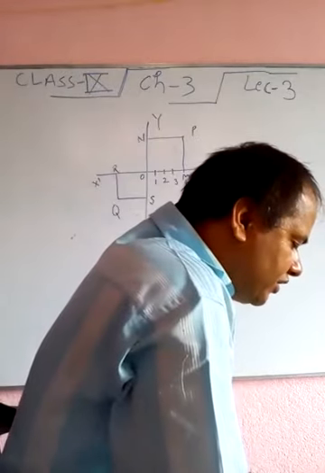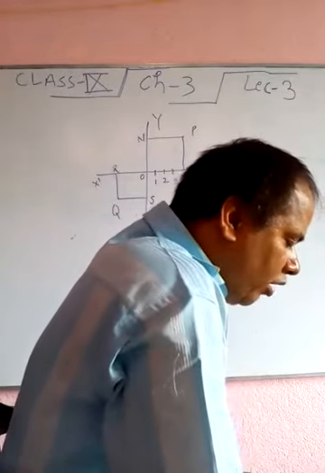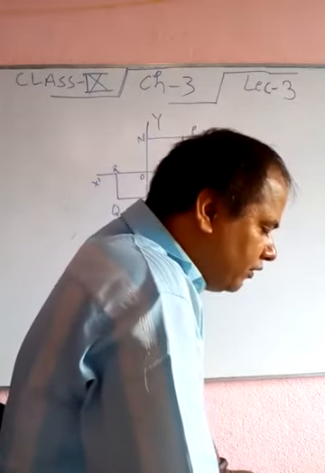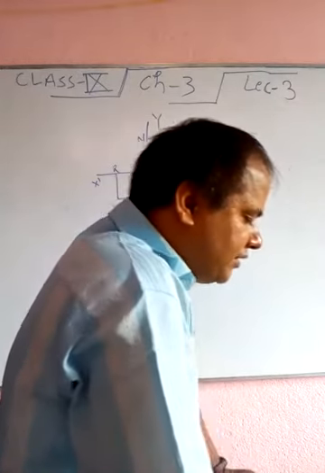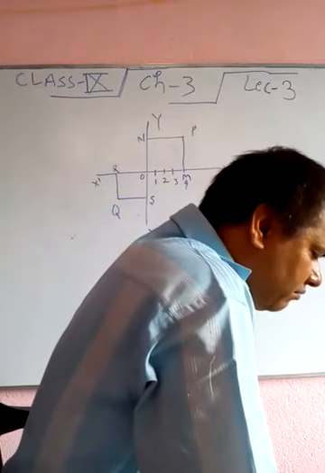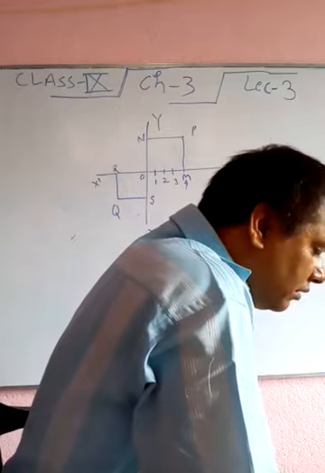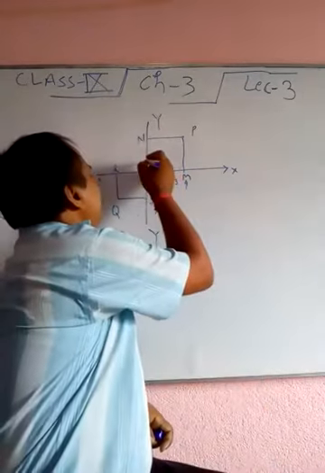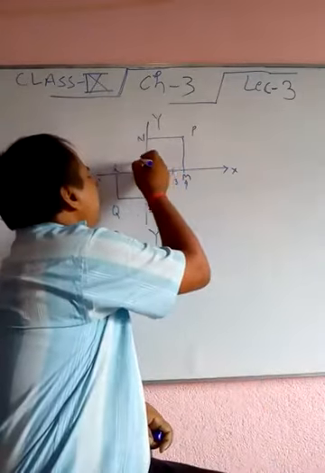And the perpendicular distance of the point P from the x-axis measured along the positive direction of the y-axis is PN equal to ON equal to 3 units. So here this is 1, this is 2, and here it is 3.